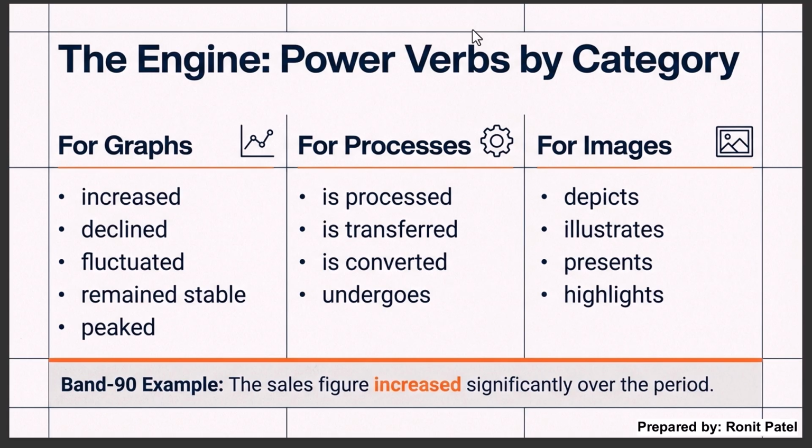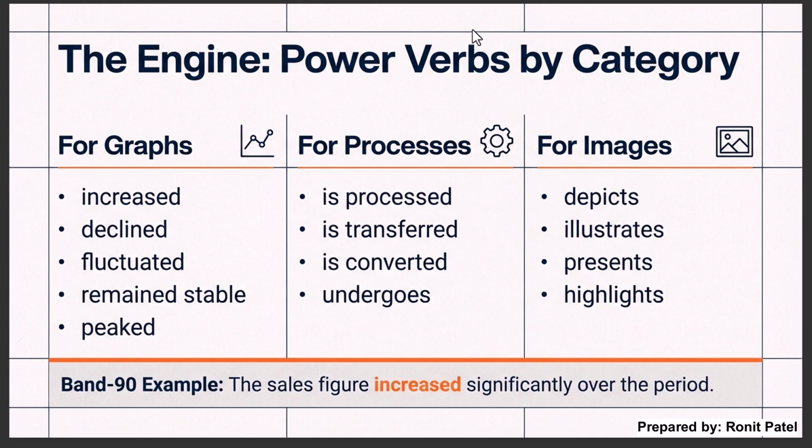This slide divides verbs by image type, which is exactly how Band 90 thinkers operate. First, graphs. These verbs describe numerical movement. Increased, declined, fluctuated, remained stable, peaked. What you need to understand is when numbers move, use movement verbs. Second, processes.